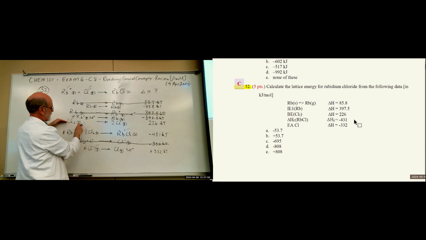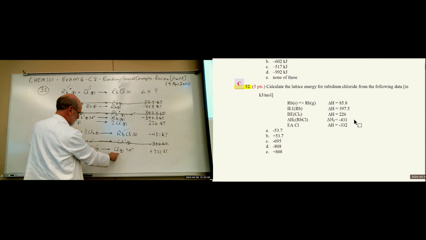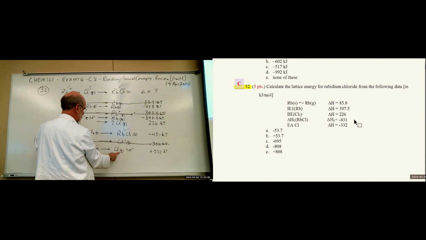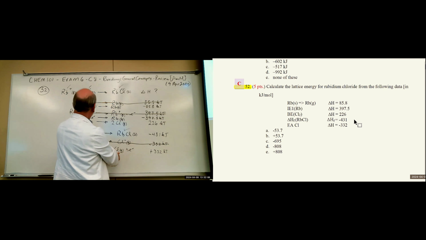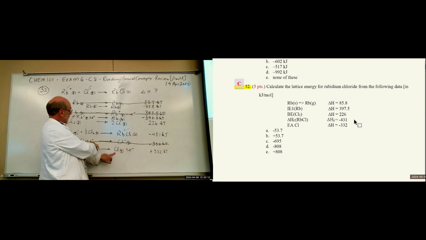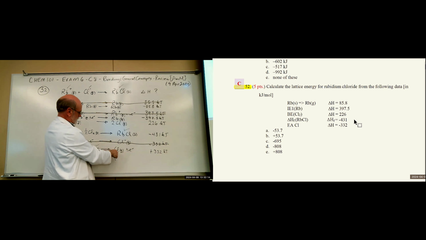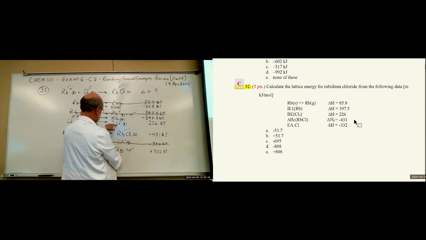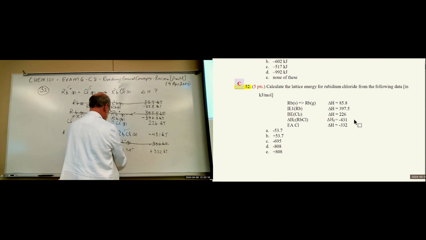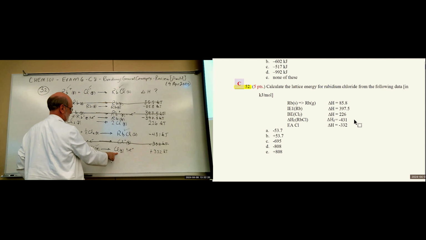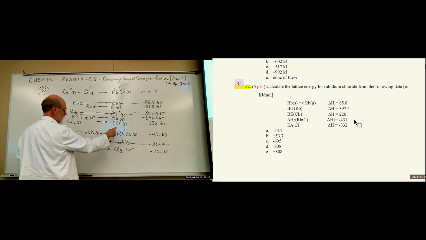Okay, how about this chlorine? We need a chlorine minus. Chlorine minus, we gotta get rid of a chlorine, atomic chlorine here. Right. So we gotta keep it this way because that one feeds this. So this chlorine here needs to be reversed and take a half of it, because we only need one of these.